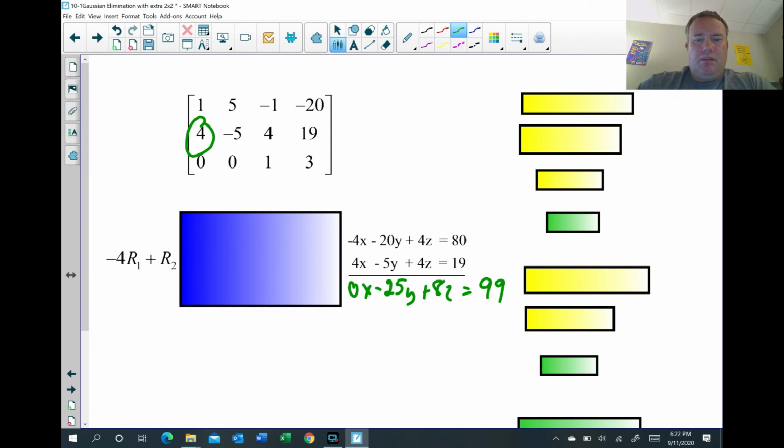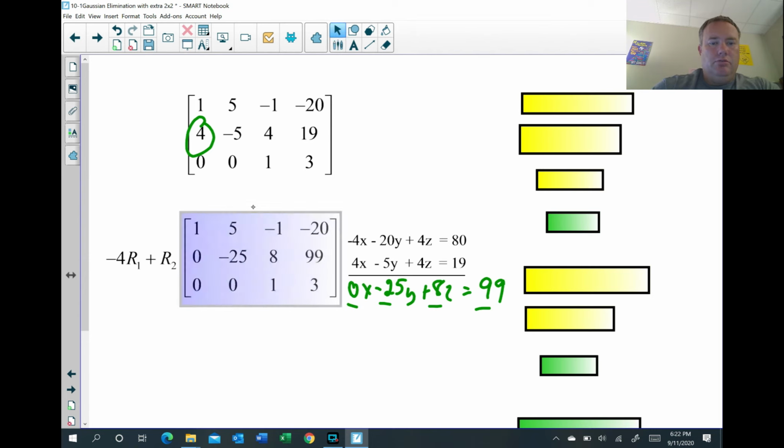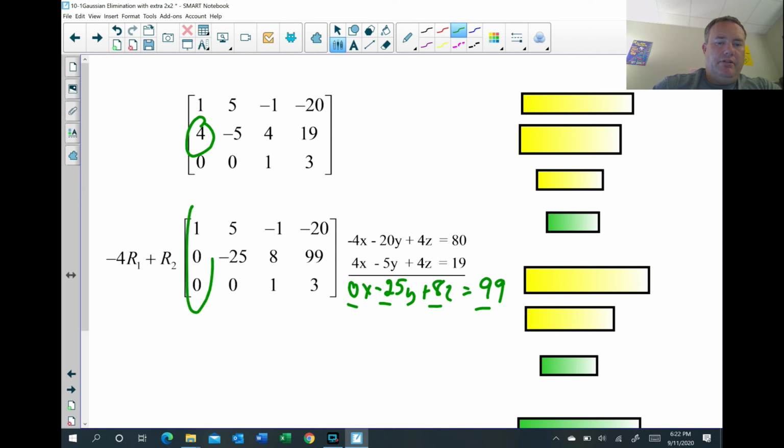Okay. Now, the reason why I like to do that is because now I know exactly what I'm putting in row 2. I'm not changing row 1, I'm not changing row 3. I'm only changing row 2. Okay? With that done, you have done everything you need for a 3 by 4 matrix.